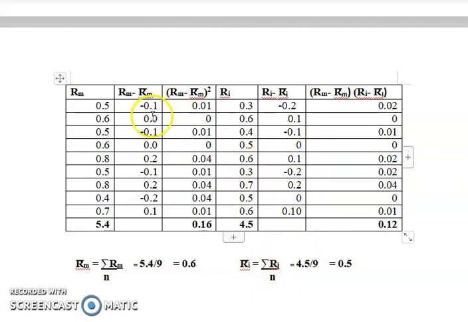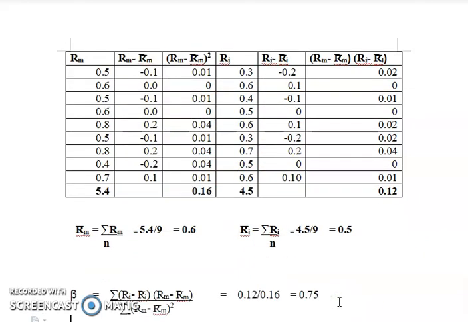So RM minus RM bar, then the squared value, then RI minus RI bar, and I'm multiplying these two columns and finding the summation values. Now I'm going to apply that into the formula.